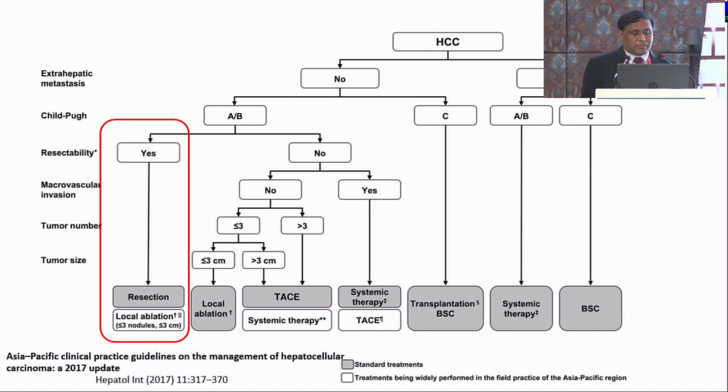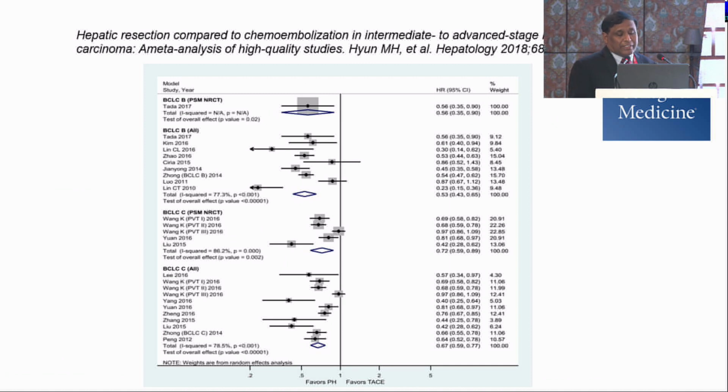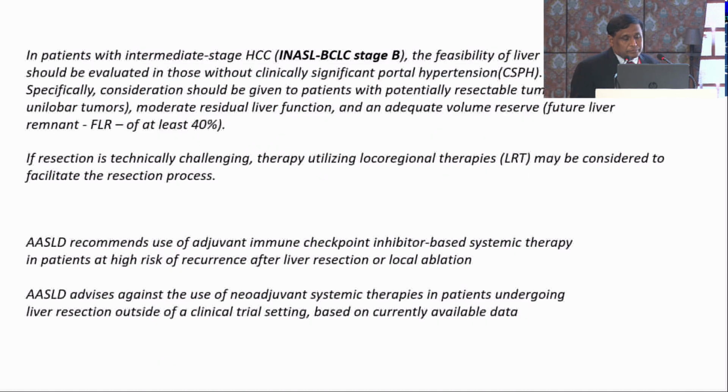And if you see the INASL guidelines, they don't care about the size, number, or vascular invasion. All they care about is the degree of portal hypertension, and that's important. Patients with clinically significant portal hypertension should not have resection. And this one compared with TACE shows resection superior.